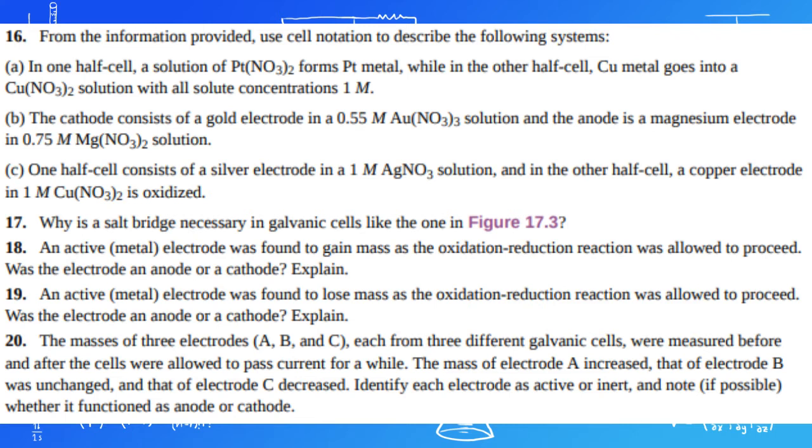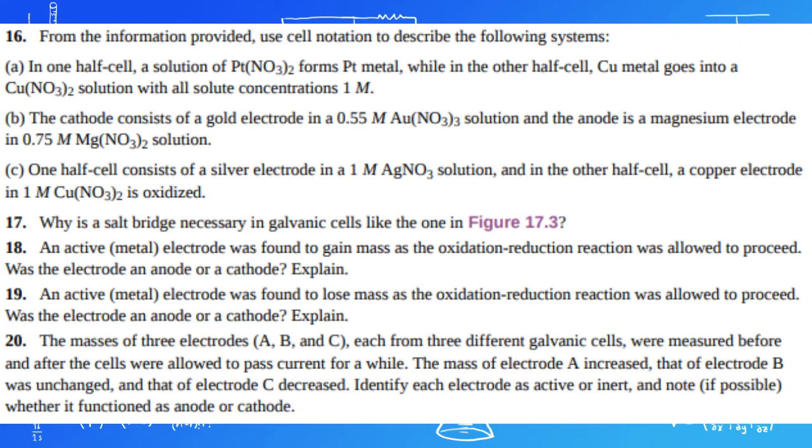17, why is a salt bridge necessary? We've already explained. 18, an active metal electrode as opposed to an inert metal electrode like the platinum in the standard hydrogen electrode. An active metal electrode was found to gain mass as the oxidation reduction reaction was allowed to proceed. Was the electrode an anode or a cathode?